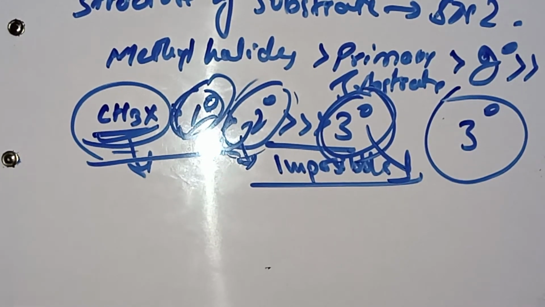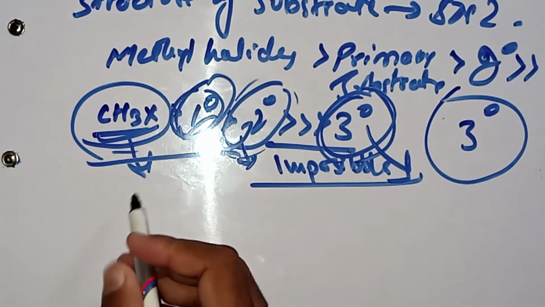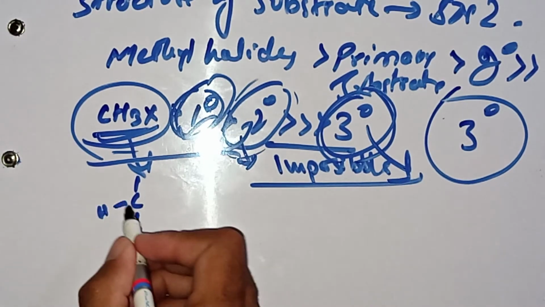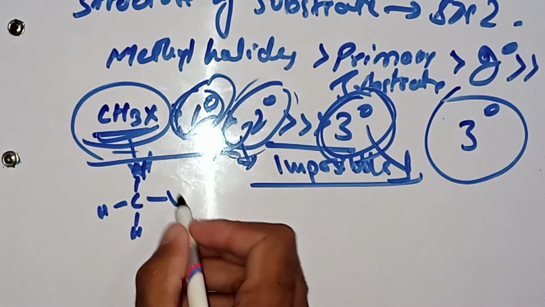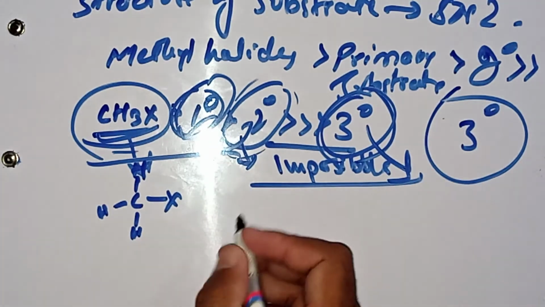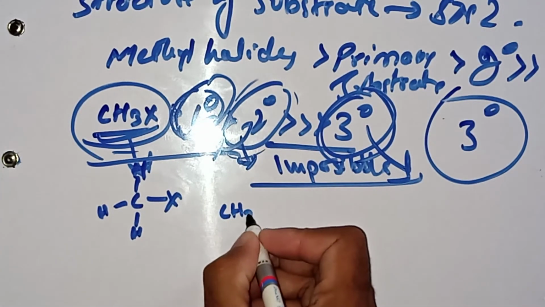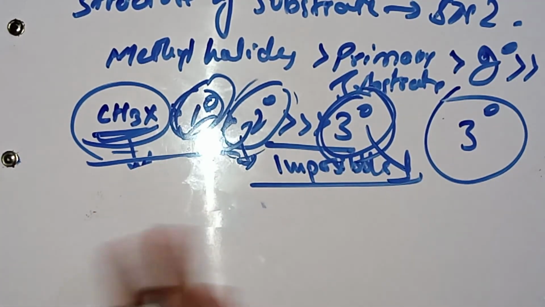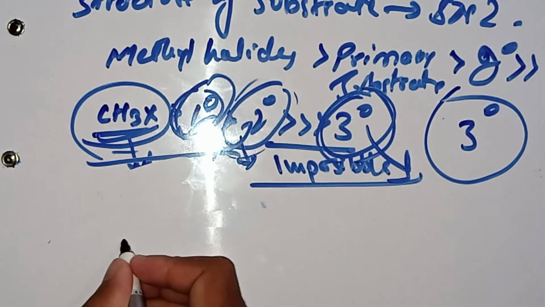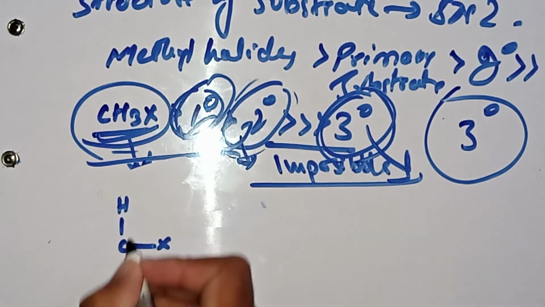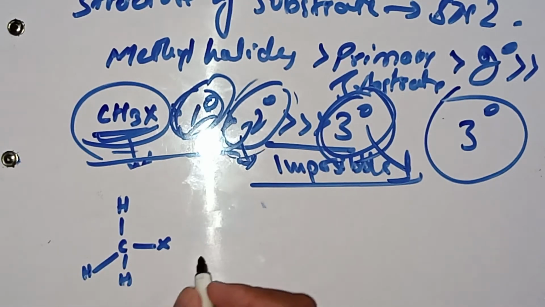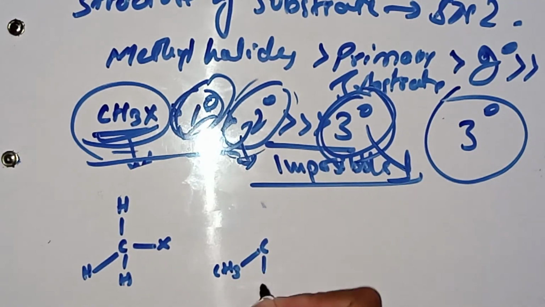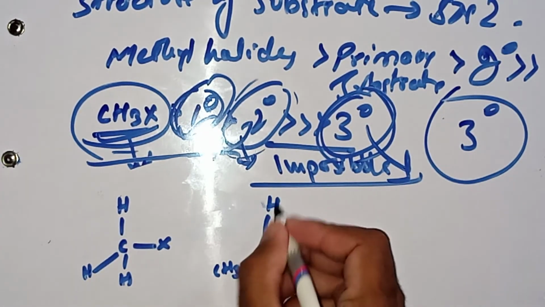Let's take the correct position of the camera. How is the steric effect involved? In the case of CH3, all the bonds are like this, H H H. This is methyl halide, while in the case of primary alkyl halide the structure is like this.